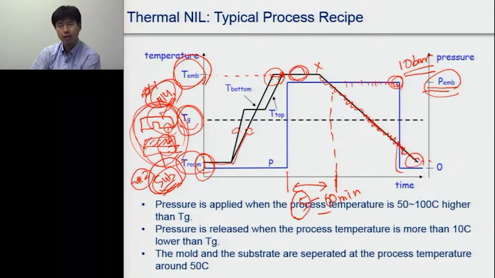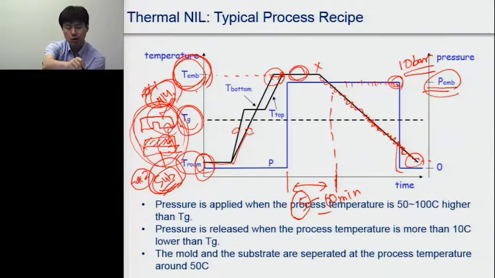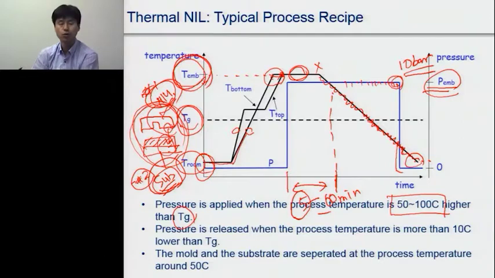This is not fixed, but as a rule of thumb, for the embossing temperature, people normally use about 50 to 100 Celsius degrees higher than the glass transition temperature.